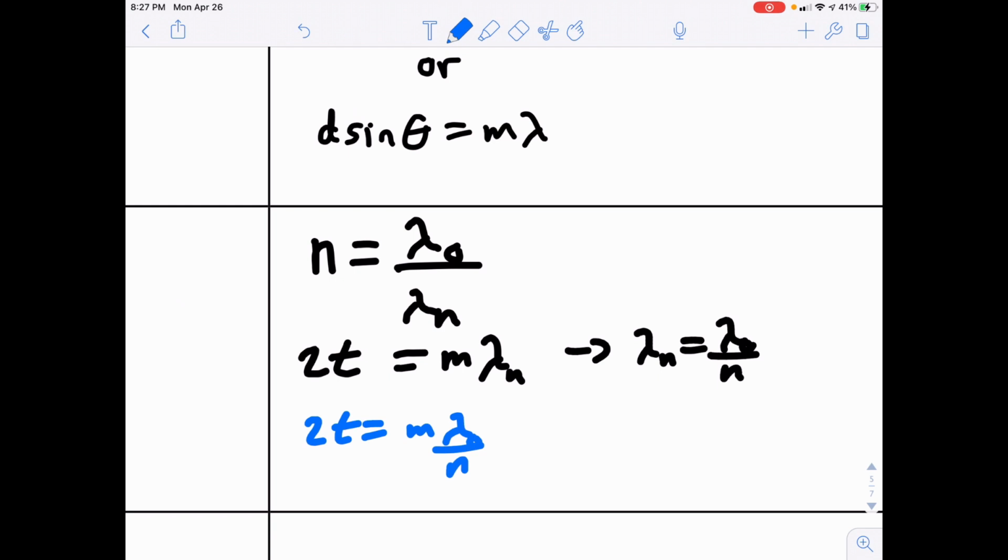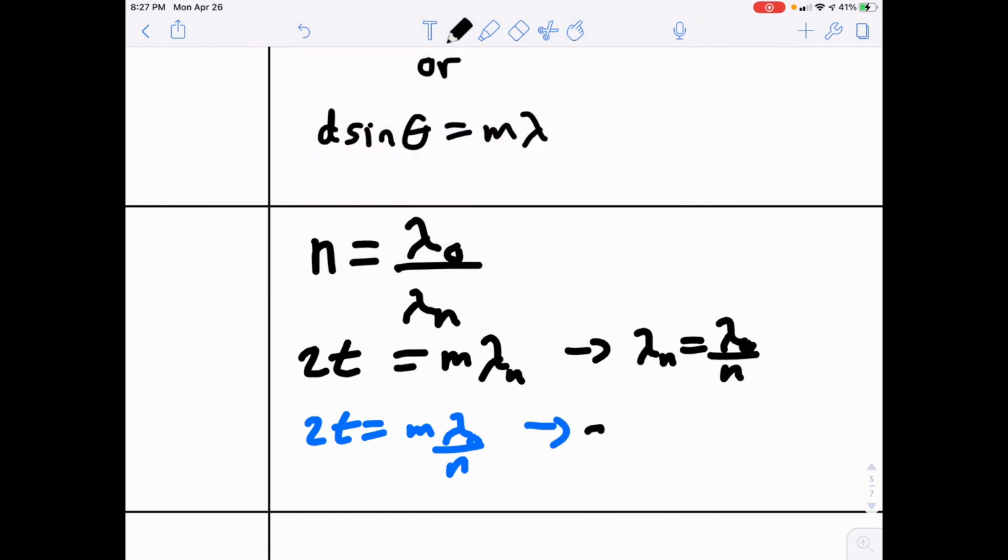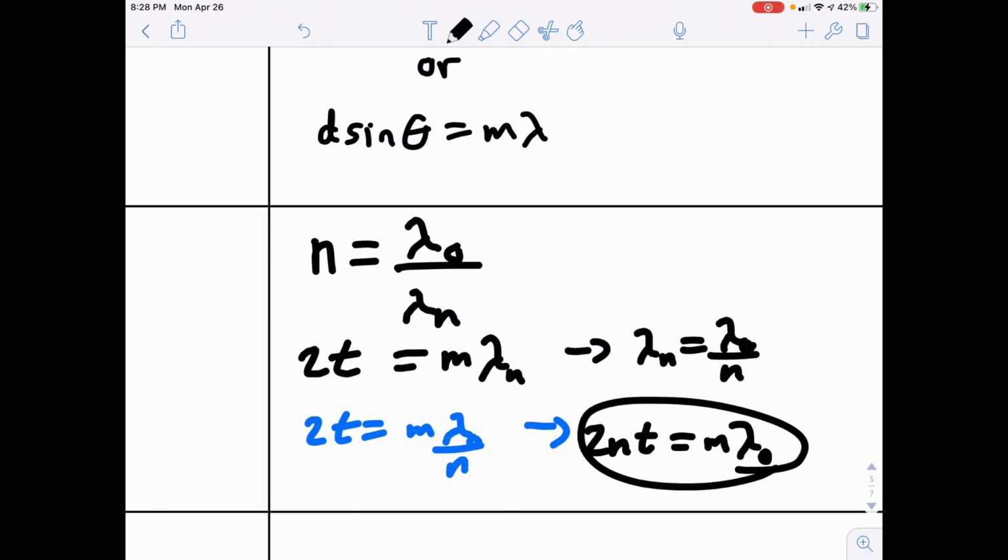And if you multiply both sides by n, we get another version of this equation: 2nt equals m lambda O. So why is this important? If you're given the wavelength in the medium, the wavelength in the thin film, then use this formula, because you're already in the thin film. If you're given the vacuum wavelength, the wavelength of light in air, then you have to use this particular part of the formula.